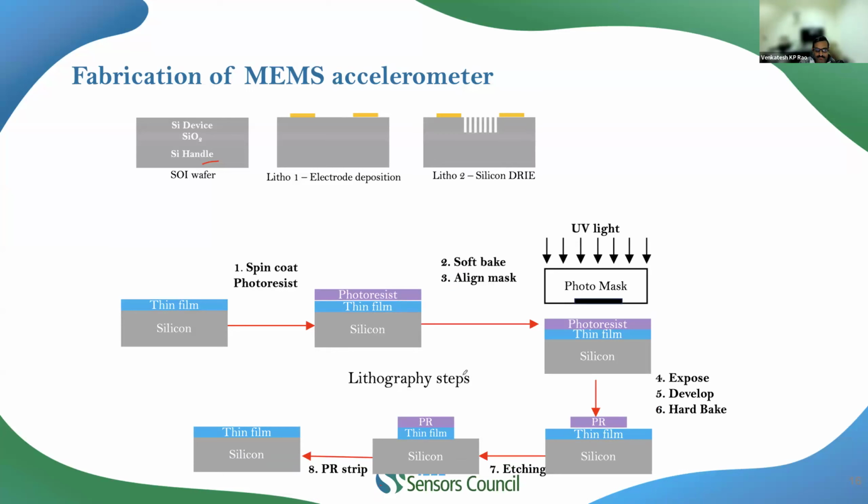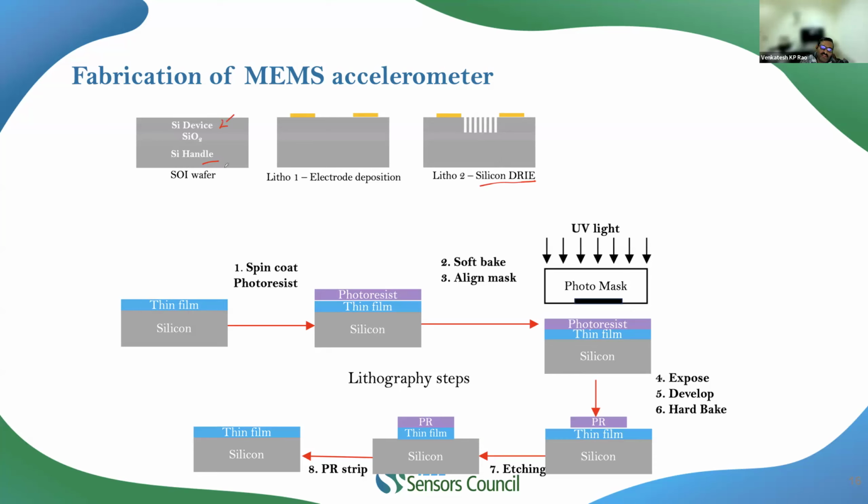So after the first lithography process, we have done the electrode deposition. Now we will do the second lithography process, after which we will open up the windows for etching the structure, wherein I will do the silicon DRIE process.